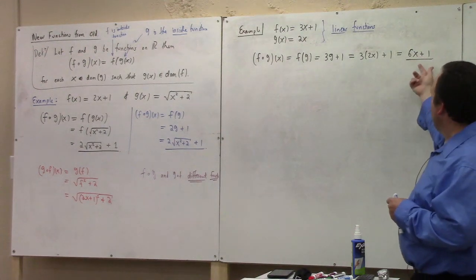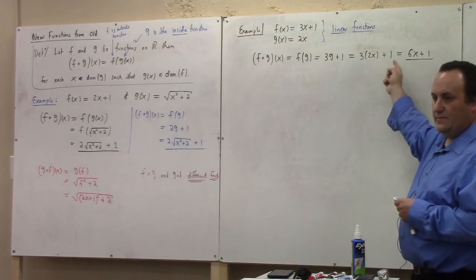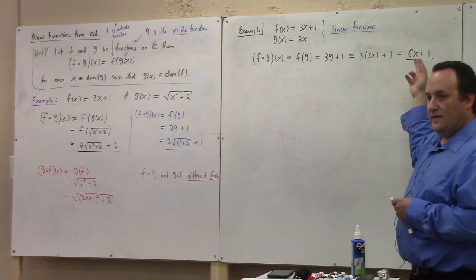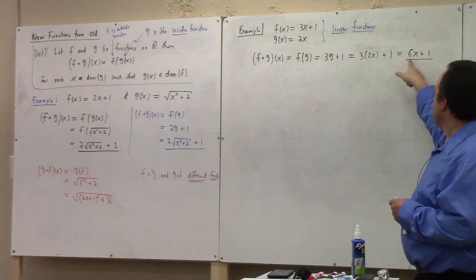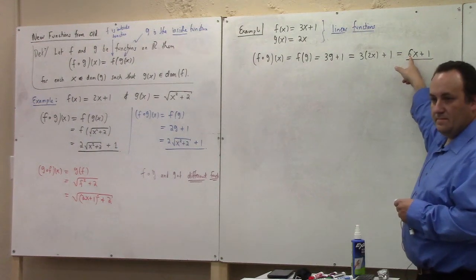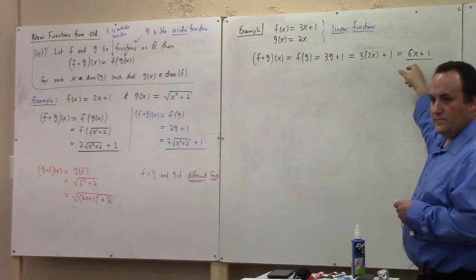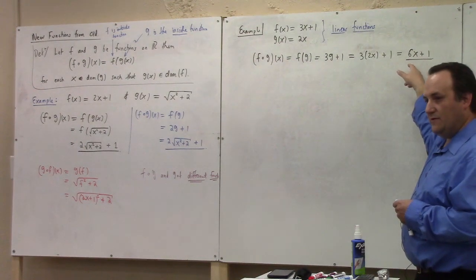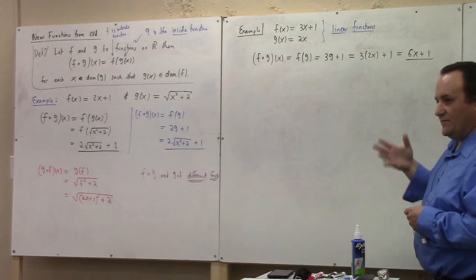And check it out. This is also a linear function. So the composite of linear functions is again a linear function. And it looks like the slope of the composite is just the product of the slopes. So that's kind of neat. This actually turns out to be the reason that we get a chain rule in calculus later. So I just mentioned it in passing here.